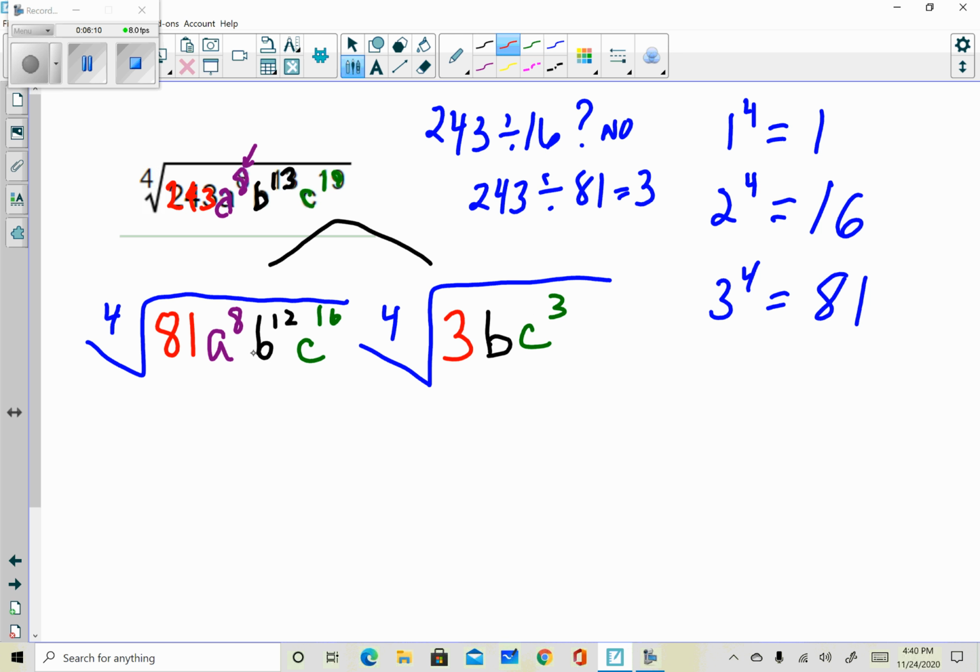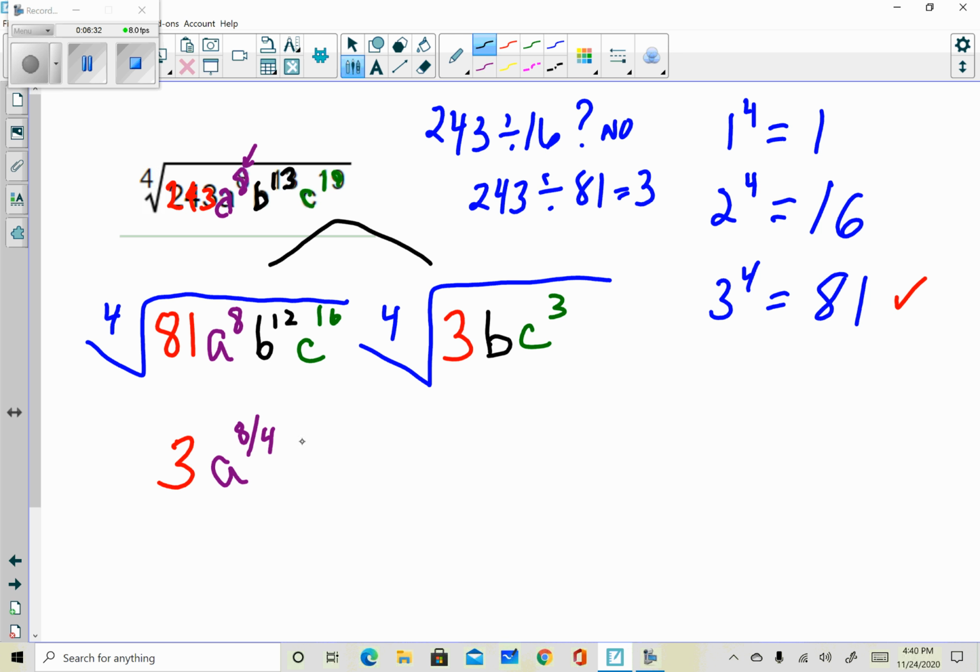The fourth root of 81 is 3, because 3 times 3 times 3 times 3 is 81. The fourth root of a to the 8th is a to the power over root. 8 is the power, 4 is the root.